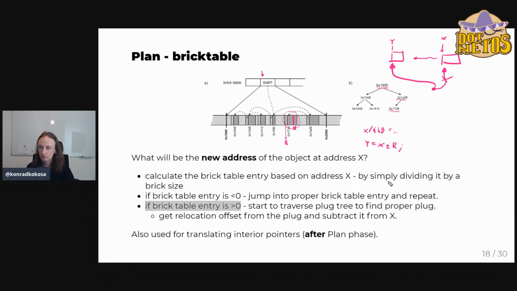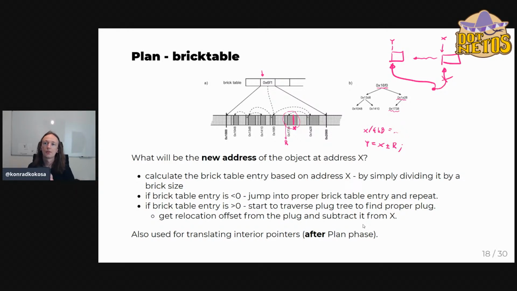That's nice. This will be covered in the week when I will be describing the compaction phase. But in general, this is the whole concept. So again, that's super nice.